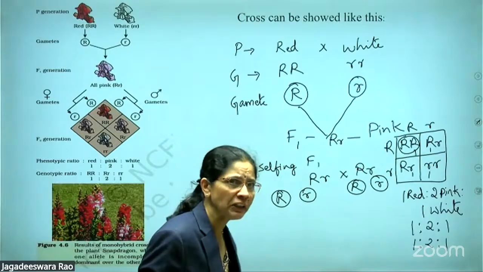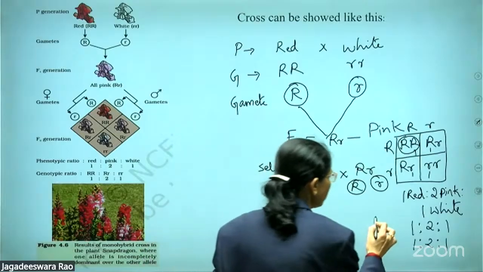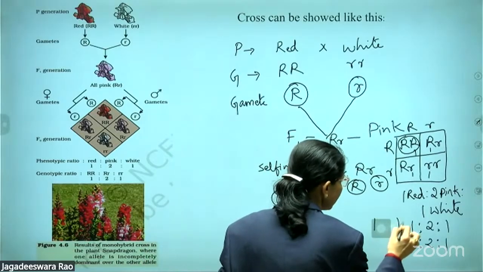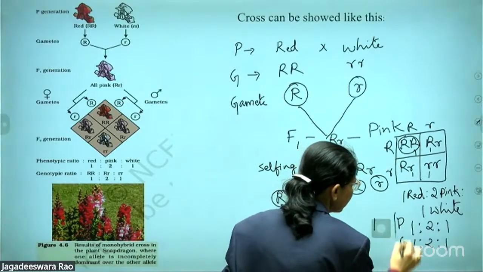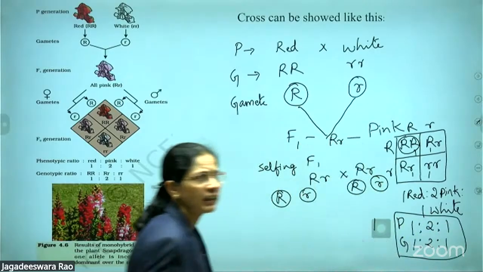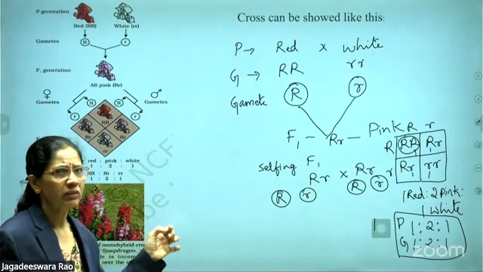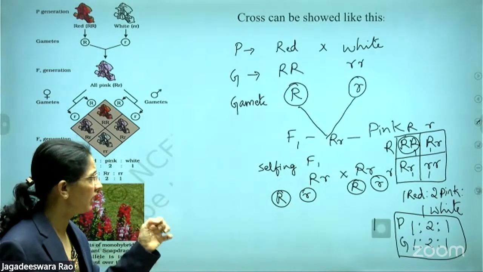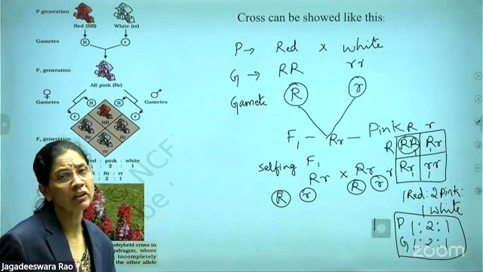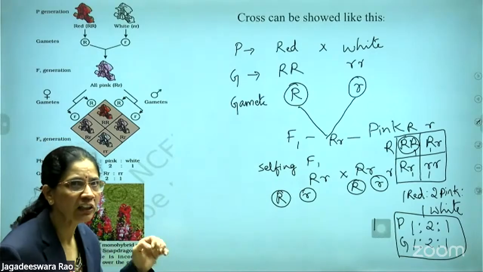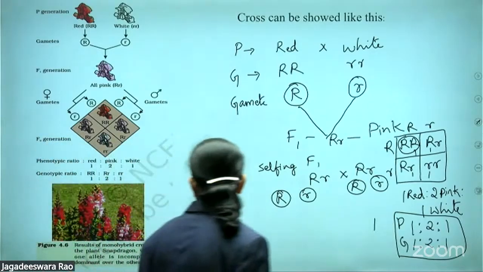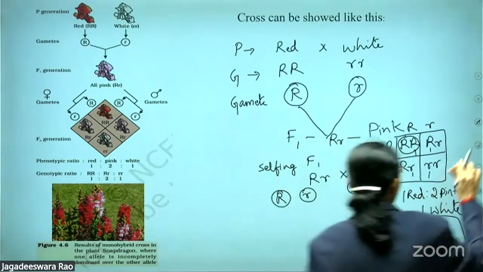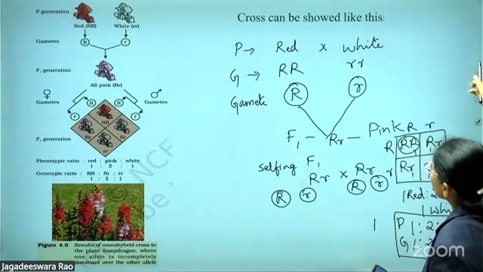But in incomplete dominance, we can observe that the phenotypic ratio as well as the genotypic ratio are both similar. They can give you a hint like this: name the phenomenon in which phenotypic and genotypic ratio are both similar. Then you have to say incomplete dominance. Snapdragon. Yes, clear.